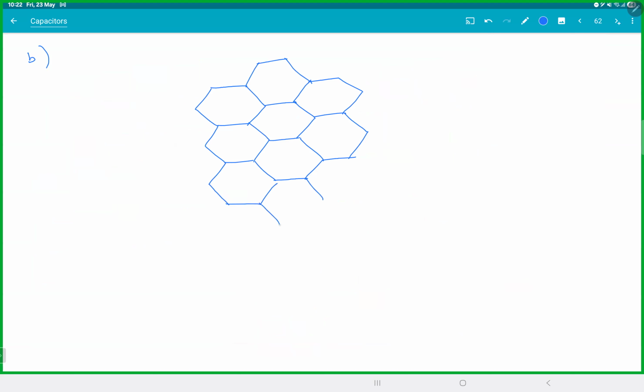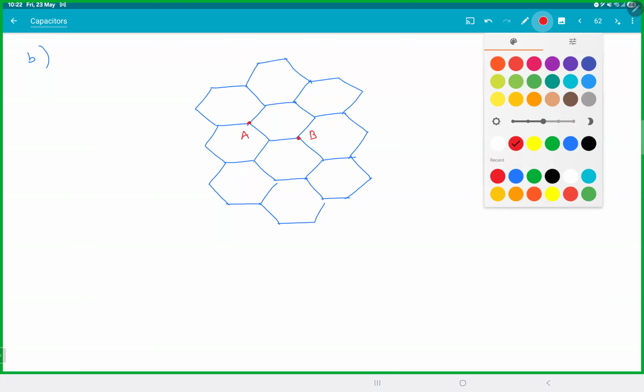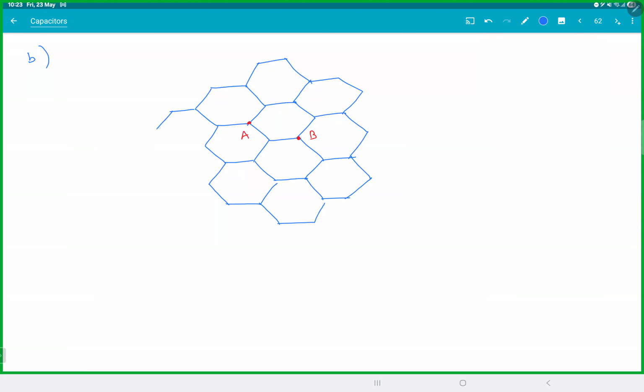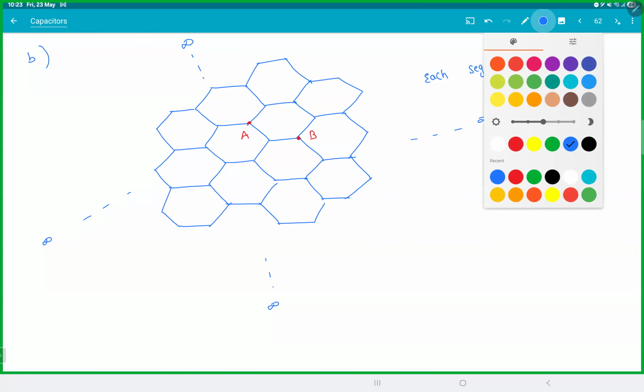Each segment is a capacitor. I can put a resistor also. Story is the same in resistor. Let's say this is point A and this is point B. I will do one thing, wait.